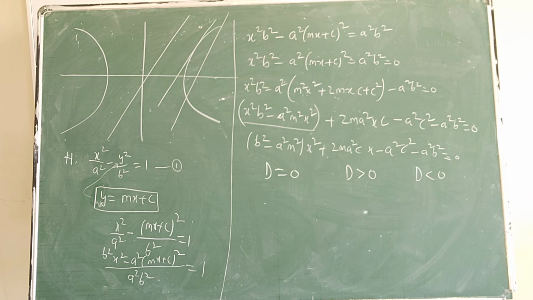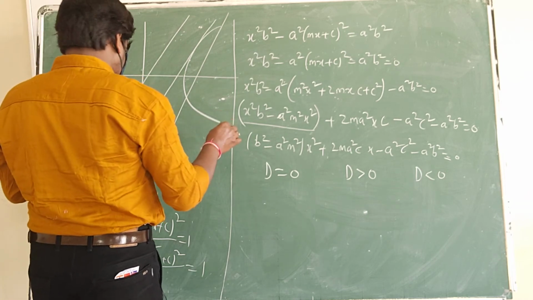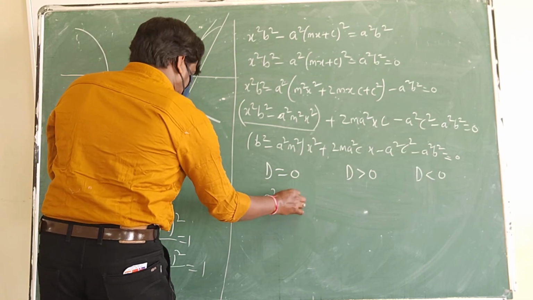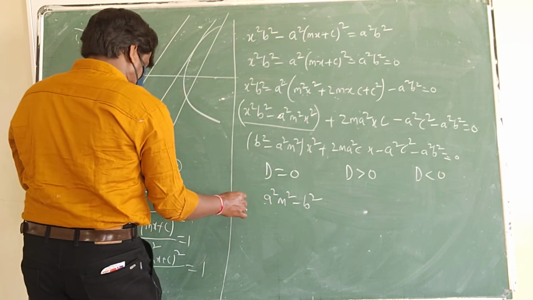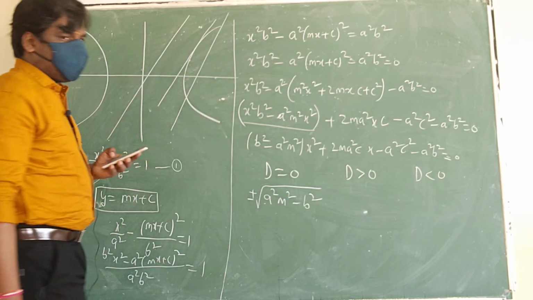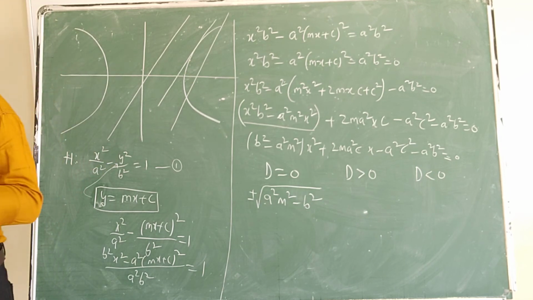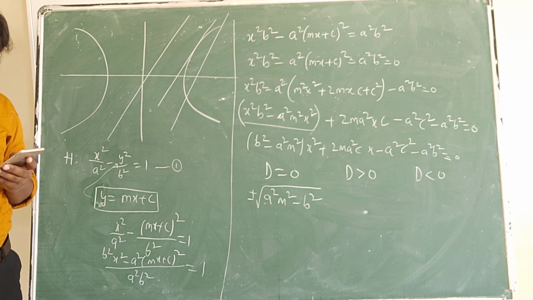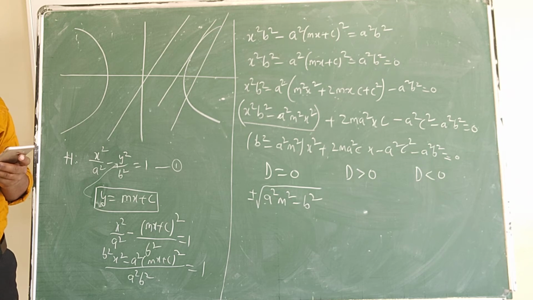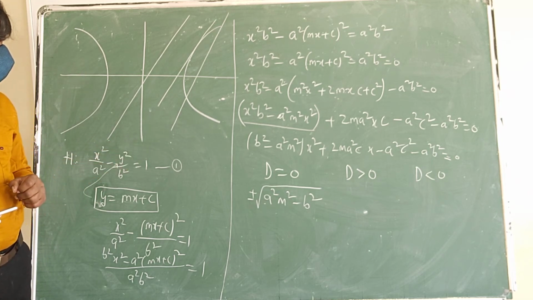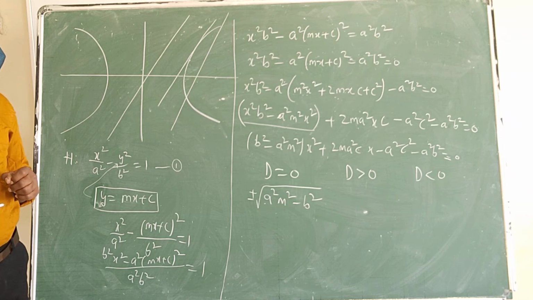The discriminant you get as a square m square minus b square, plus or minus under root. Plus or minus c value you get as, discriminant b square minus 4ac.